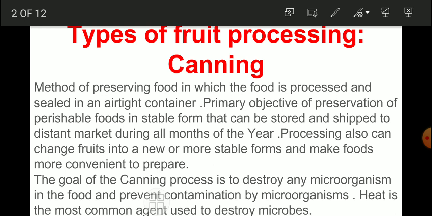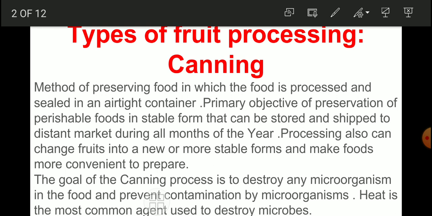So in the canning process, when we seal the processed fruit material in an airtight container, that never allows the growth of microbes.